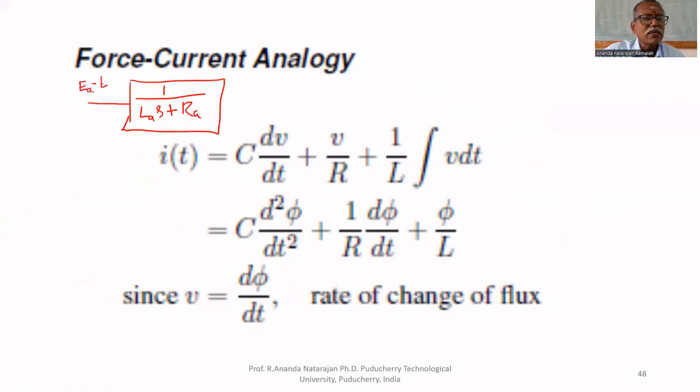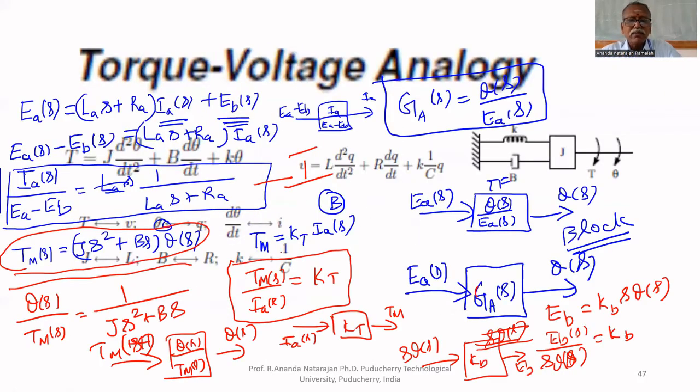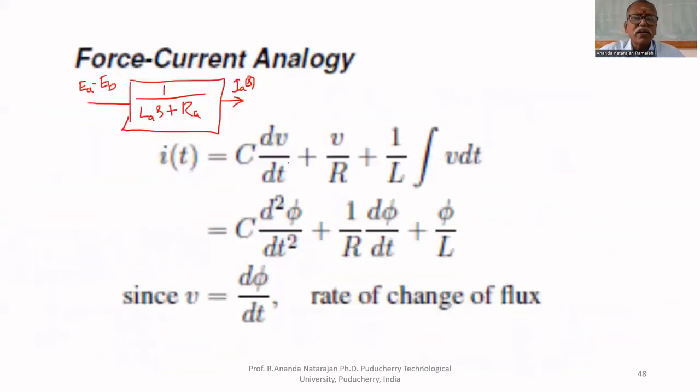EA minus EB is given as input. What is the output? IA of S. Next block must have the input IA. Which block has input IA? This block. IA is the input, TM is the output. If you combine that, you multiply by KT. Simply KT, input is IA, output is TM.